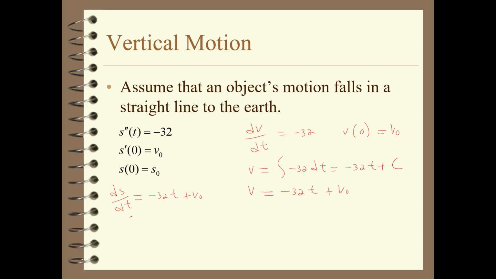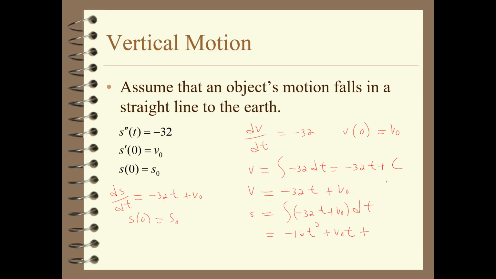And we know that the position at time 0 is given by s naught. Well then, that means that s must belong to the family of antiderivatives of negative 32t plus v naught dt. And that would be negative 16 t squared plus v naught t plus another unknown constant. Now see how I already have a c?